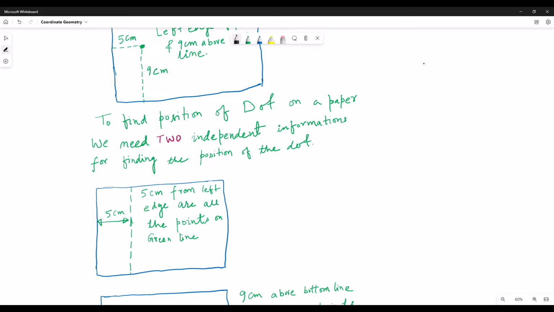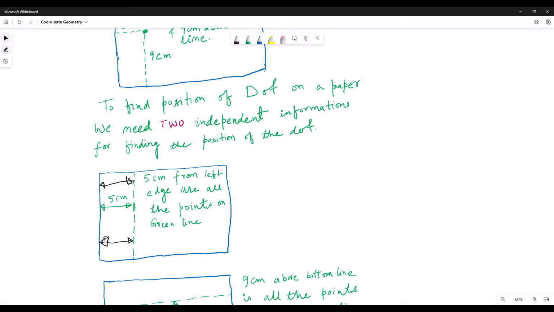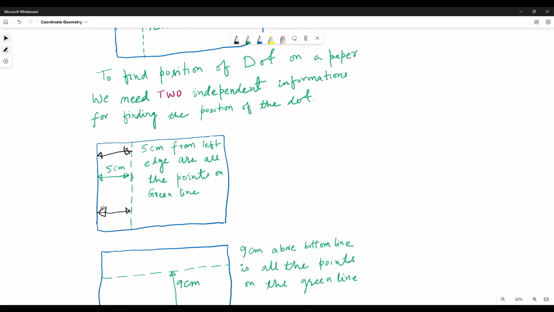All these points on this green line are 5 centimeter away from the left edge. This is also 5 centimeter. This is also 5 centimeter. So by only one piece of information, we are not able to identify the point on a plane or a page.